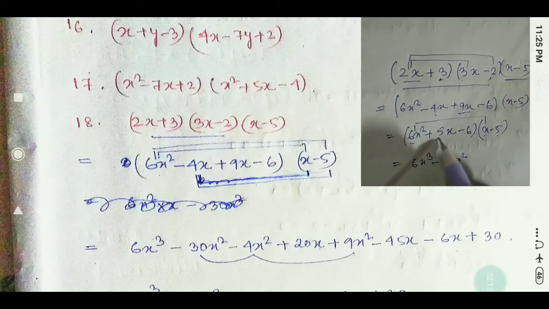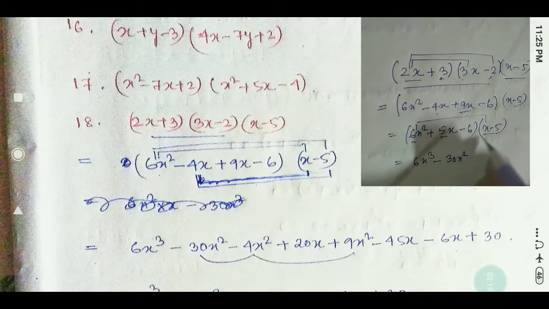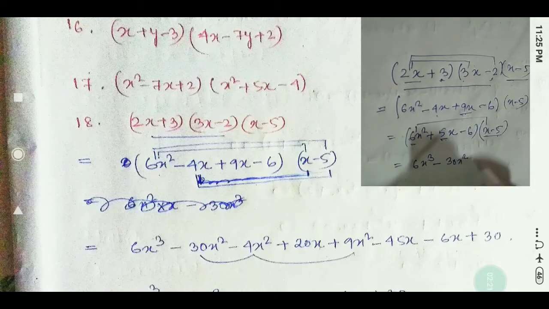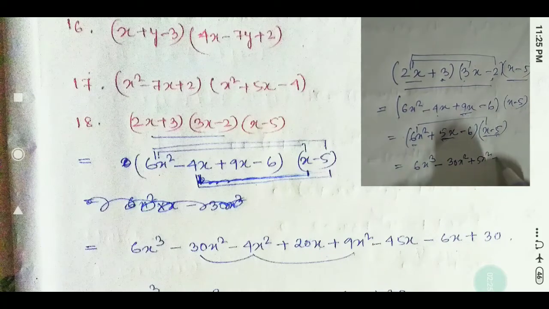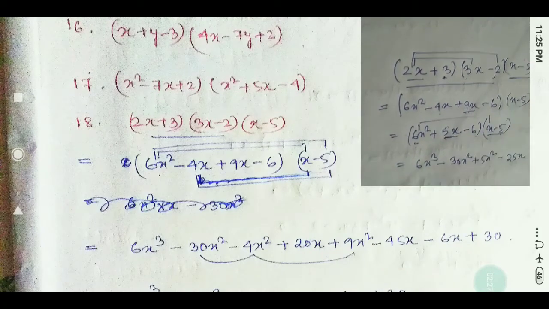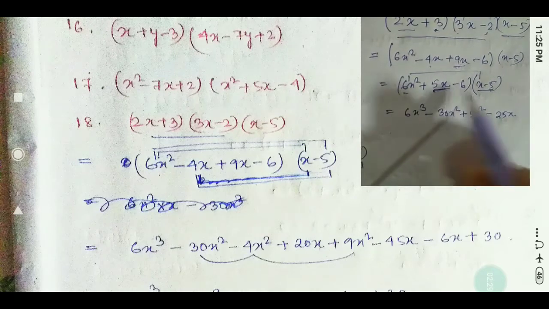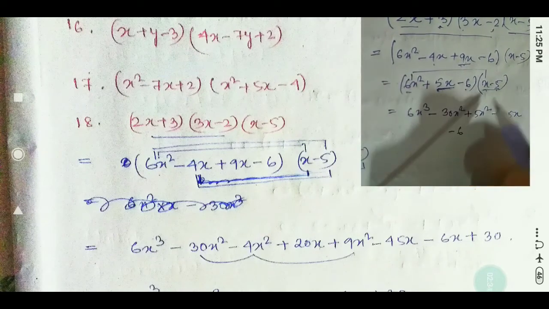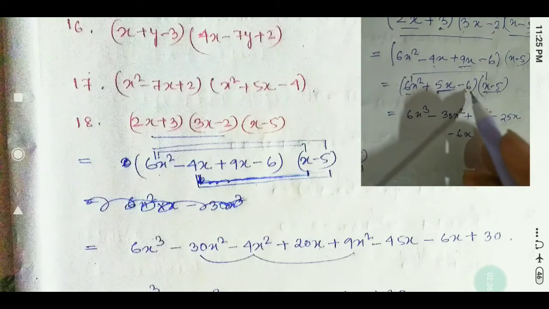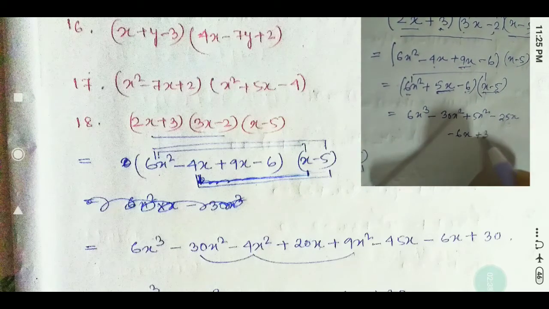Now with this term you have to start, 5x times x, 5x square, 5x times minus 5, minus 25x. Now this part complete with minus 6: minus 6 times x, minus 6x, minus 6 times minus 5, plus 30.